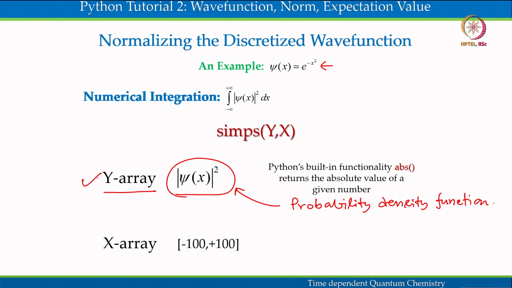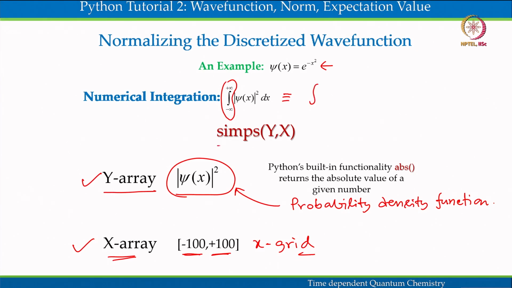And this y array has to be integrated. The probability density function is sampled at the points present in the x array, which we have defined as minus 100 to plus 100. So it is the x grid. Because we are taking the x grid to be minus 100 to plus 100, remember that in this integration we have the limits minus infinity to plus infinity, and we will not be able to use those limits clearly.